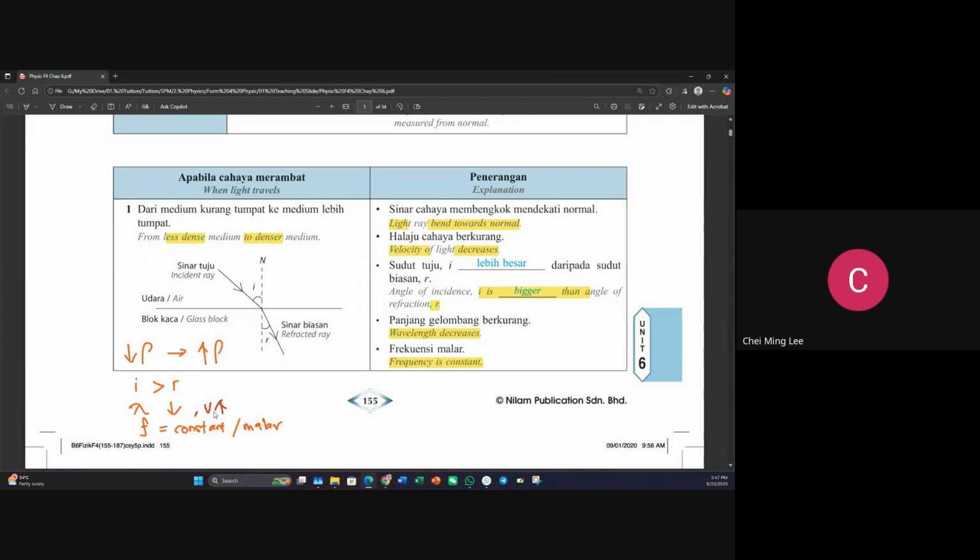Oh yeah, velocity going down. This is wrong. Okay, you understand? Why is the velocity going lower? Because in a denser medium there are more obstacles in between during the motion of light, so it has to move slowly.